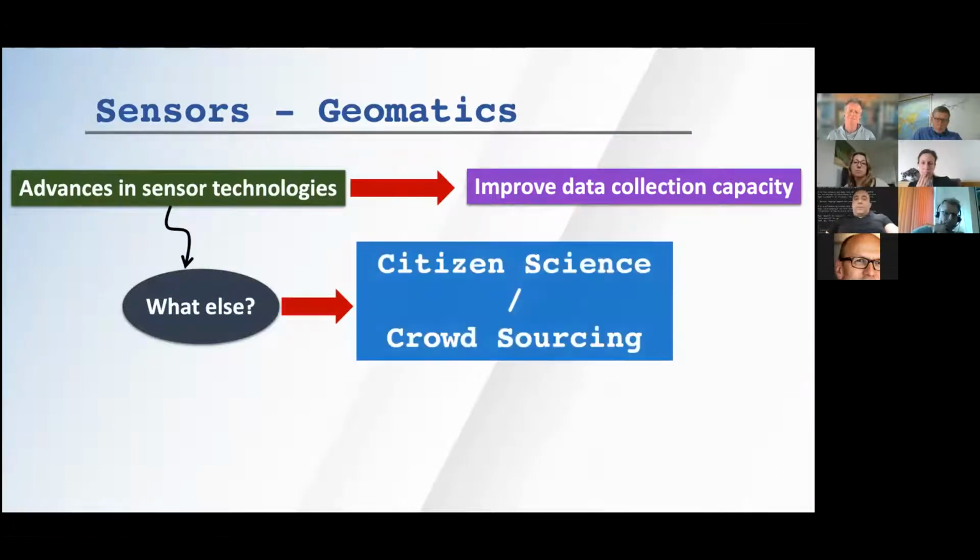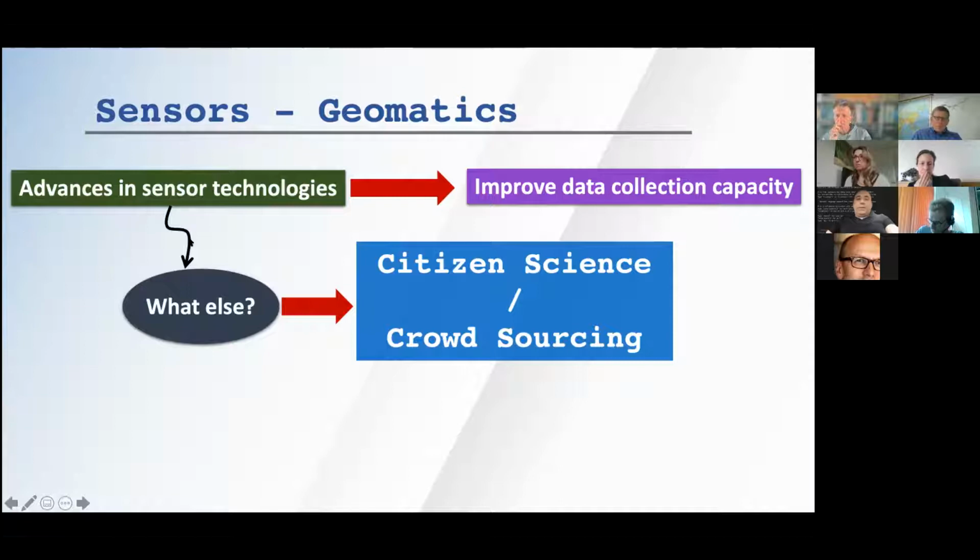There are some concepts that in the last decade or two have progressed, like citizen science or crowdsourcing, that use humans, all of us, as a source of information. So we can contribute, for example, by using our phone or any devices to provide some data. So it is a kind of advance in sensor technologies because we help to collect such data.